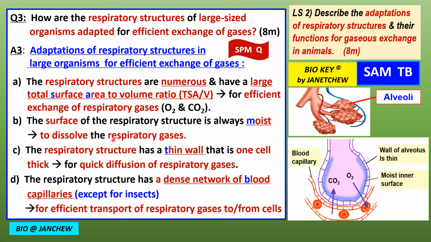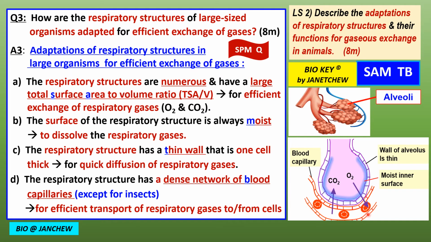Third point, the respiratory structure has a thin wall that is 1 cell thick for quick diffusion of respiratory gases. As seen here, for humans, the alveolus has a thin wall that is only 1 cell thick, so that the diffusion of oxygen through it can occur quickly into the blood capillaries.